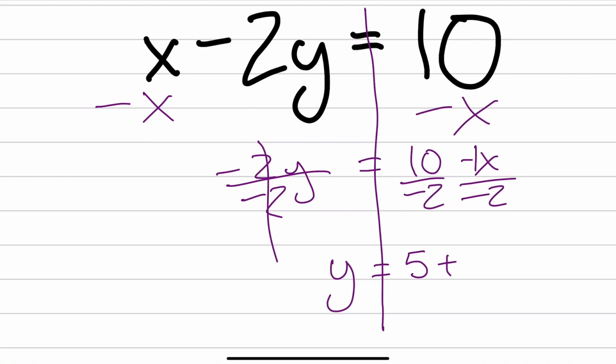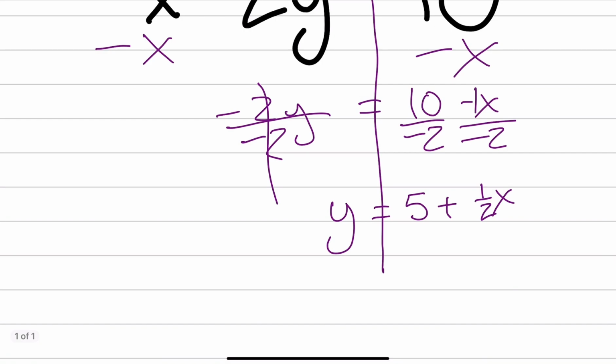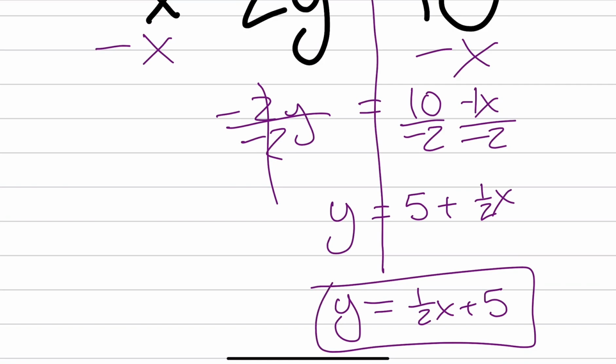Well, that's going to be a decimal, so we're just going to leave it alone and keep our x. So we have 1/2 x. All right, now we're just going to rearrange so that our x term comes first. So that's going to be y equals a positive 1/2 x and a positive 5. And that's our answer.